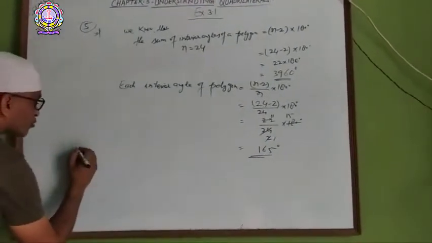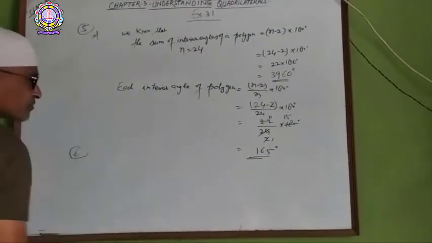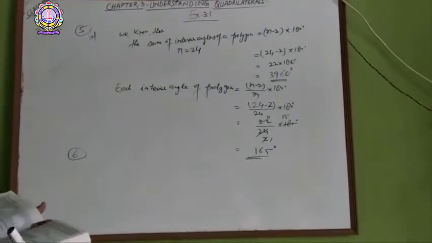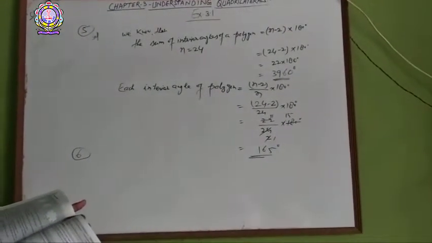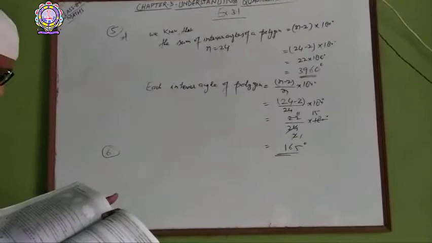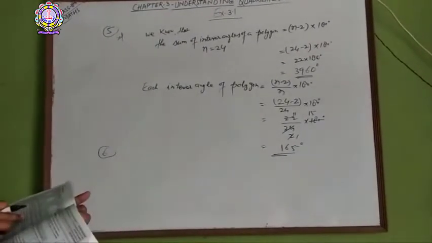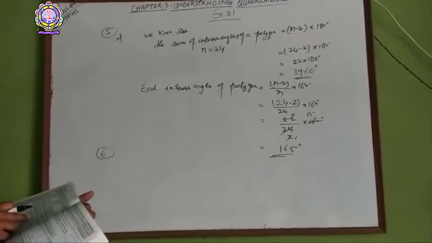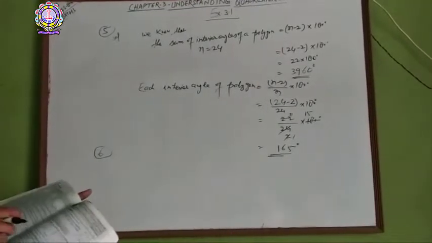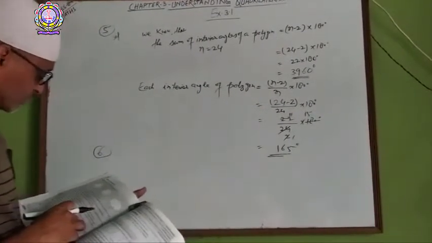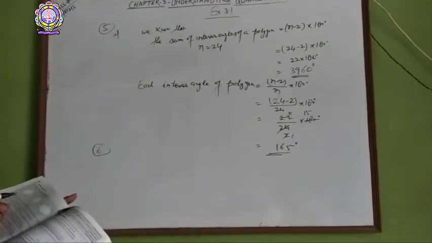Now we will solve question 6. What is your question 6? Question 6: Is it possible for a regular polygon to have an exterior angle of 70 degrees? Explain your answer. Okay, students, this is not possible.